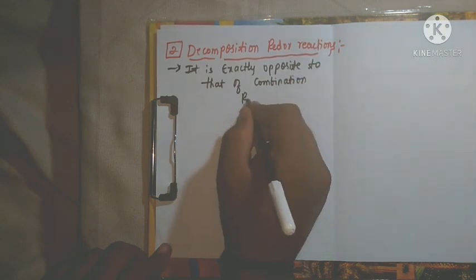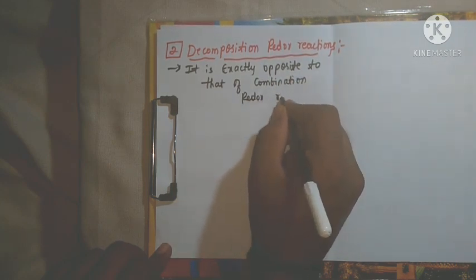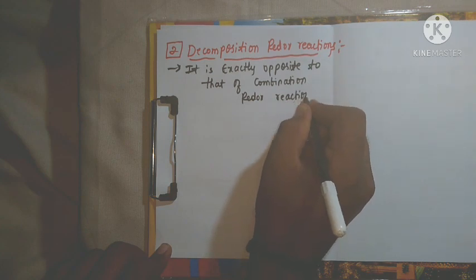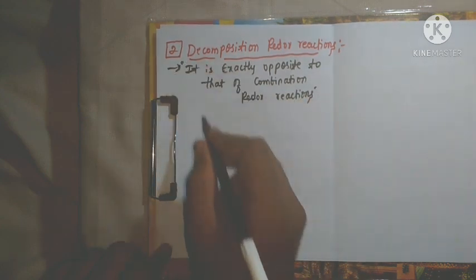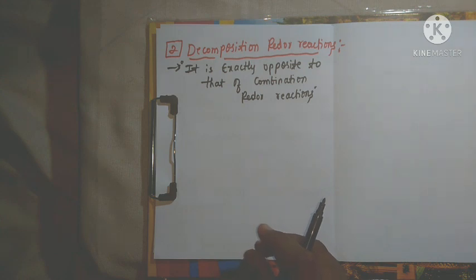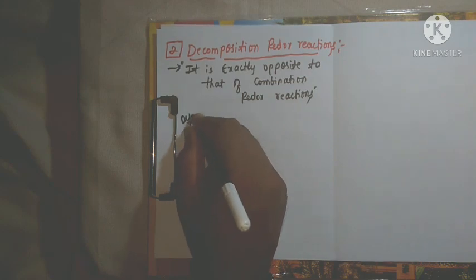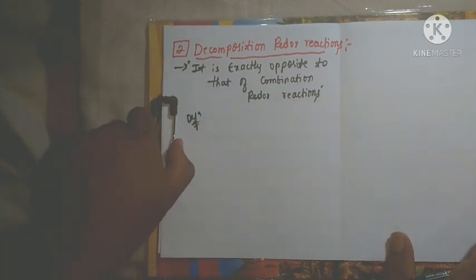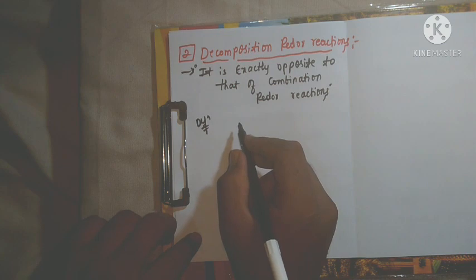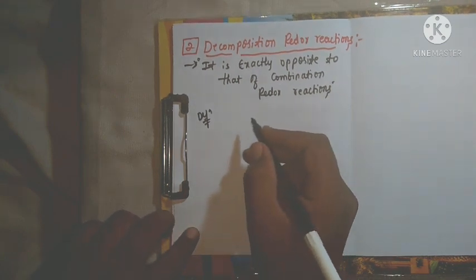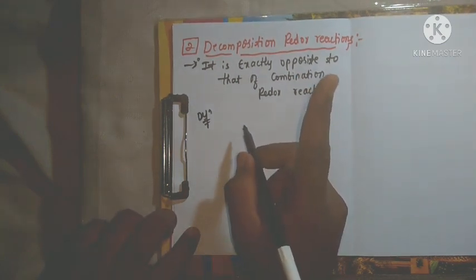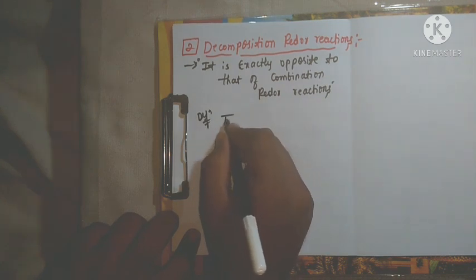It is exactly opposite to that of the combination redox reactions. Now we will see the definition. Here I am writing the definition for the decomposition redox reaction. How many products are there? Two or more products. But how many reactants are there? Only one.